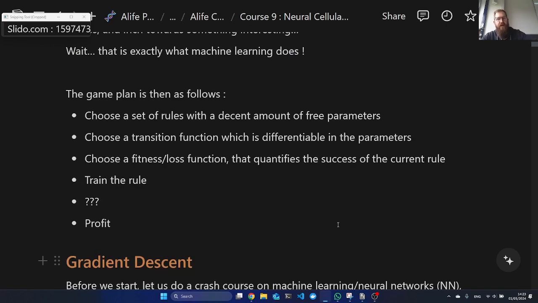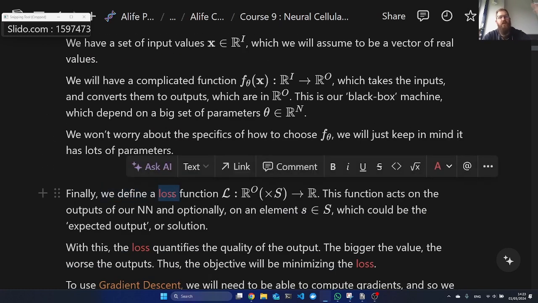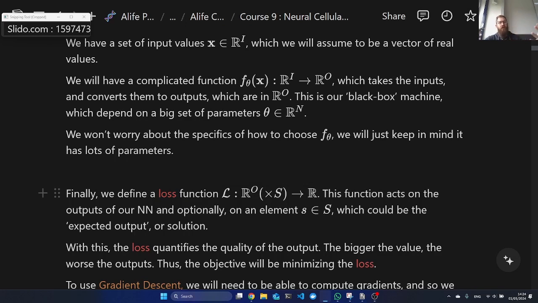And then the third element. We define what is called in machine learning a loss function. This is just a function that takes the outputs of your model and potentially some additional auxiliary information, which we call S, and returns a real number. What does this real number represent?